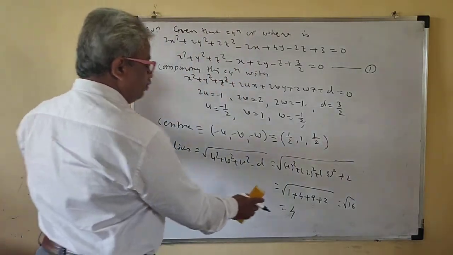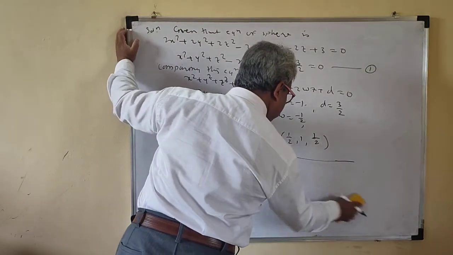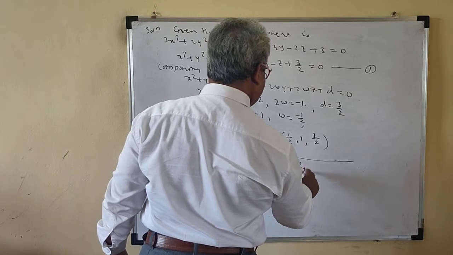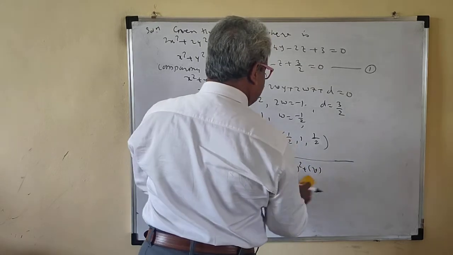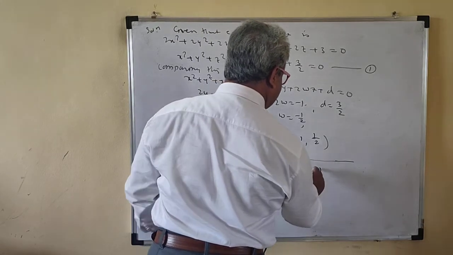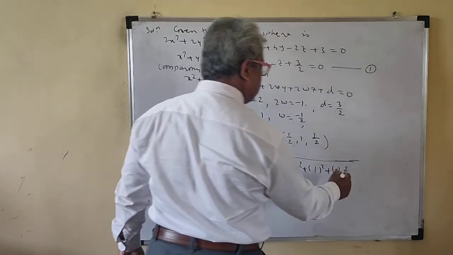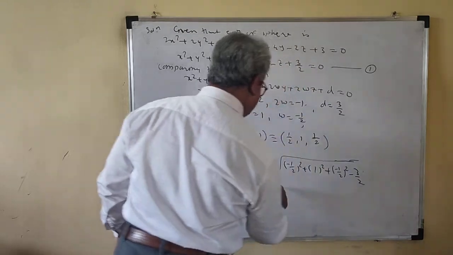Then the radius is root of minus half square plus 1 square plus minus half square minus d, so minus 3 by 2.